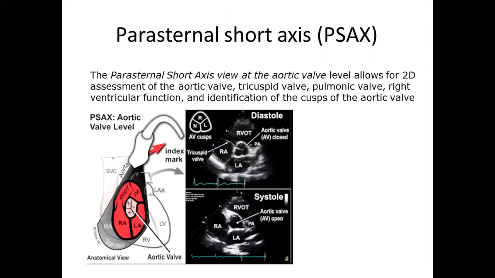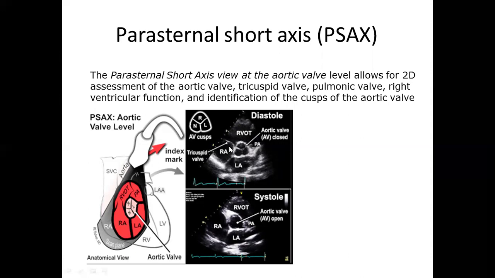Parasternal short axis. This is the level of aortic valve. You can see aortic valve right there, right in the middle, and you can see some very specific structures. Primarily, we are using this window for CT scan to understand the morphology and movement of aortic valve, but also it is very important to evaluate the right heart.